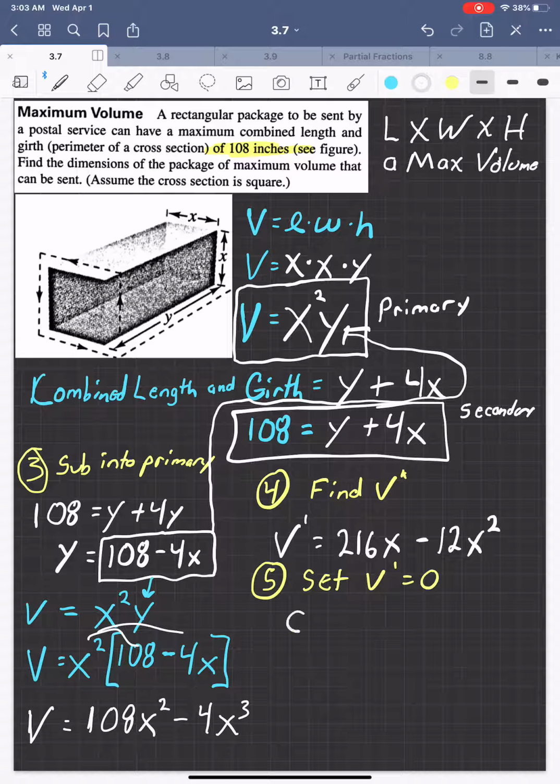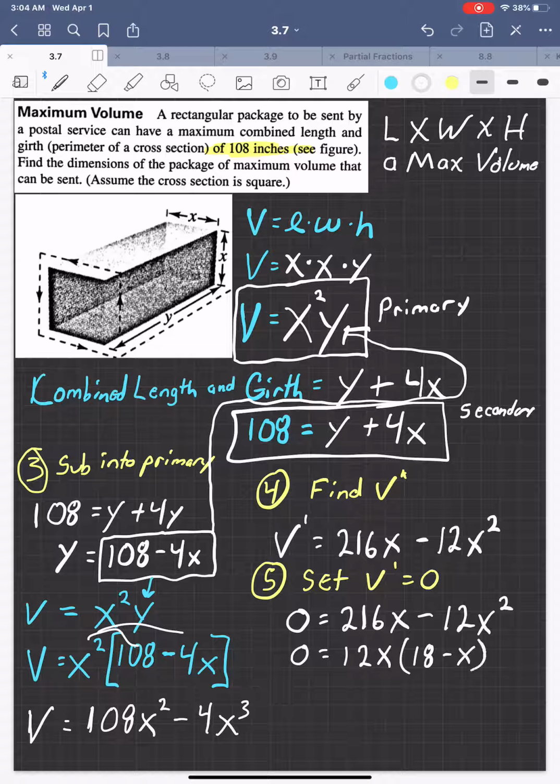So 0 is equal to 216x minus 12x squared. Let's solve for x. Pretty easy. We can factor out a 12x, and that leaves us with 18 minus x. That tells me that x can be 0 or 18.